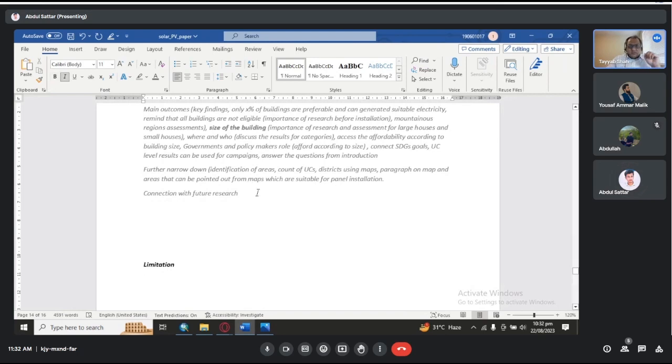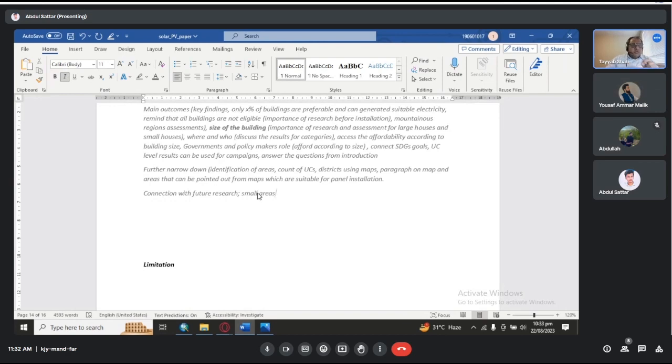One of the ideas we discussed when we were talking about the results, I think here we need to propose it. Where people have a small building footprint, a small area, which means a smaller number of units, we can propose community projects.